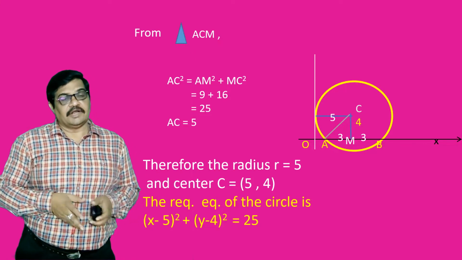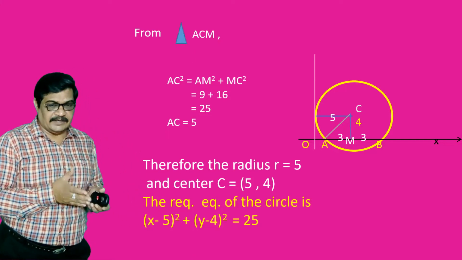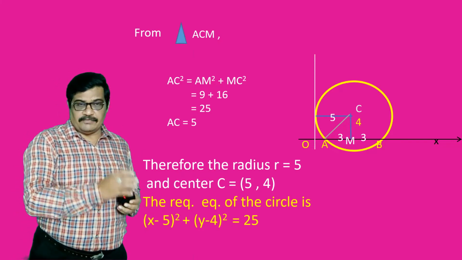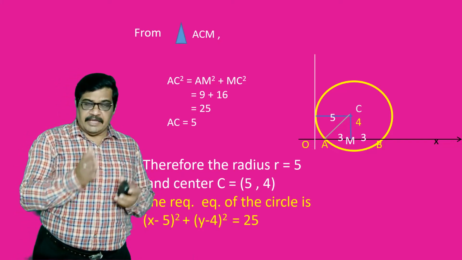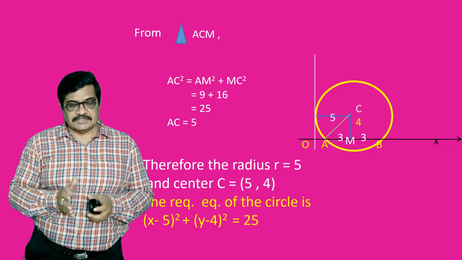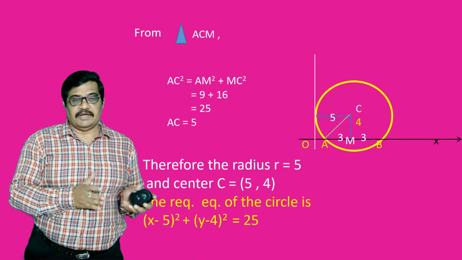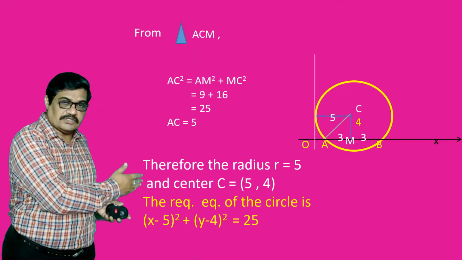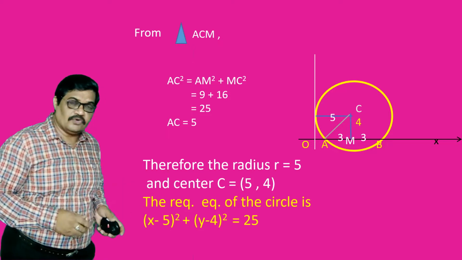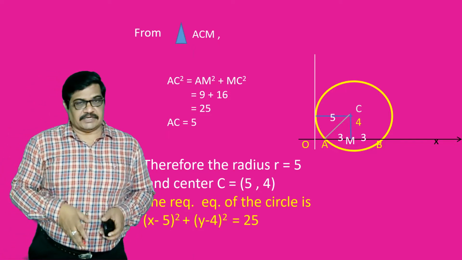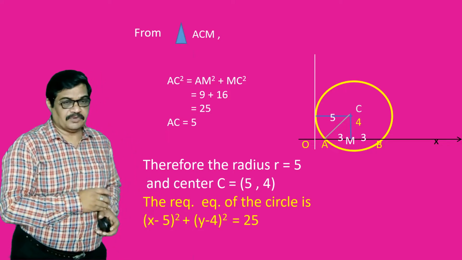This is our required circle. That required circle touches the y-axis at (0, 4) and makes an intercept of 6 units on the x-axis. So for this given data, we get the circle equation (x minus 5) whole square plus (y minus 4) whole square is equal to 25. That is our required circle. Okay, see the next sum.